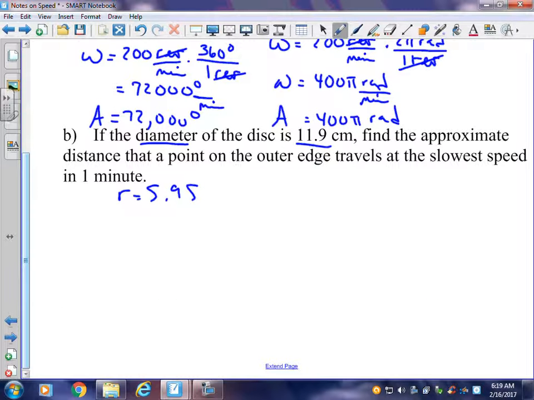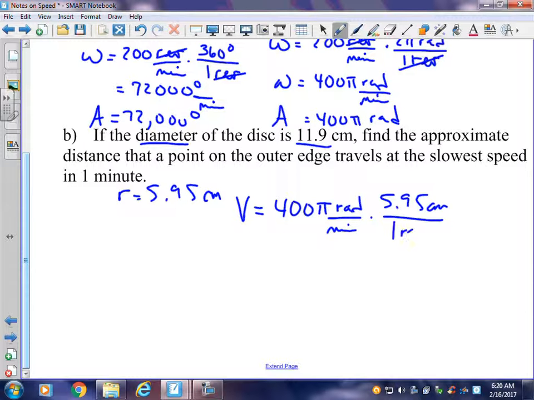So let's start there. Velocity is equal to, we know our angular speed is 400 pi radians per minute. We're going to multiply that by the radius, 5.95, and that was in centimeters, over 1 radian.